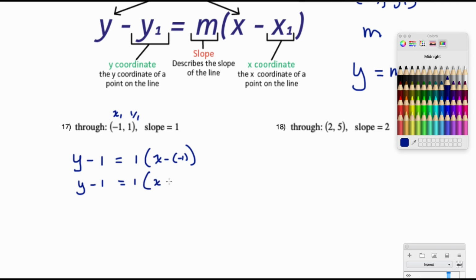So this ends up turning into a +1. And distribute the 1 here, I get y minus 1 equals x plus 1. And then I need to add 1 to both sides, and I get y equals x plus 2. And we see the slope of 1 right here in front of the x value, which we already knew that, and we have a y-intercept here of 2. Alright, there's that one.